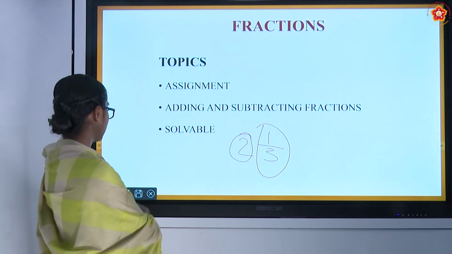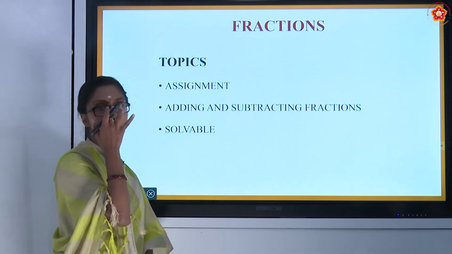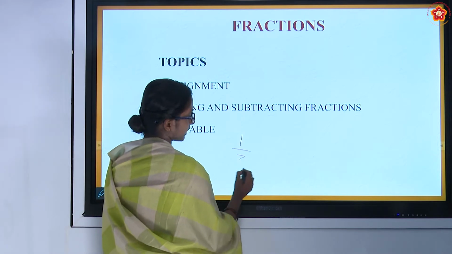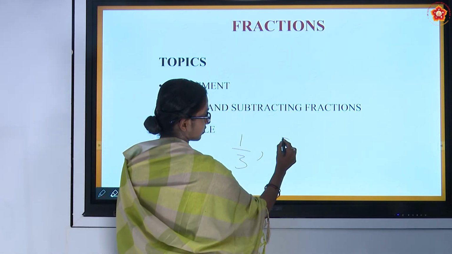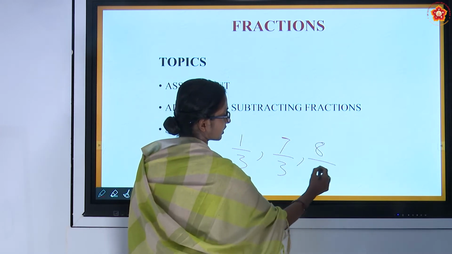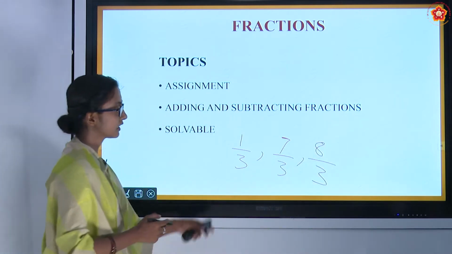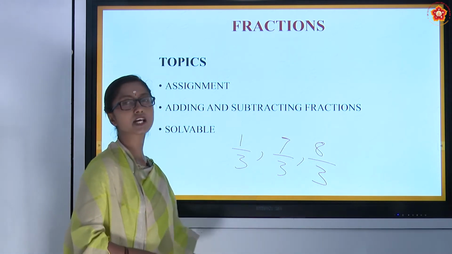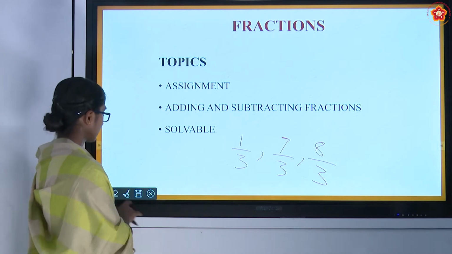Fine. Like fractions have the same denominator, that is 1 by 3, 7 by 3, 8 by 3. See, here the denominators are the same, so they can be considered like fractions.